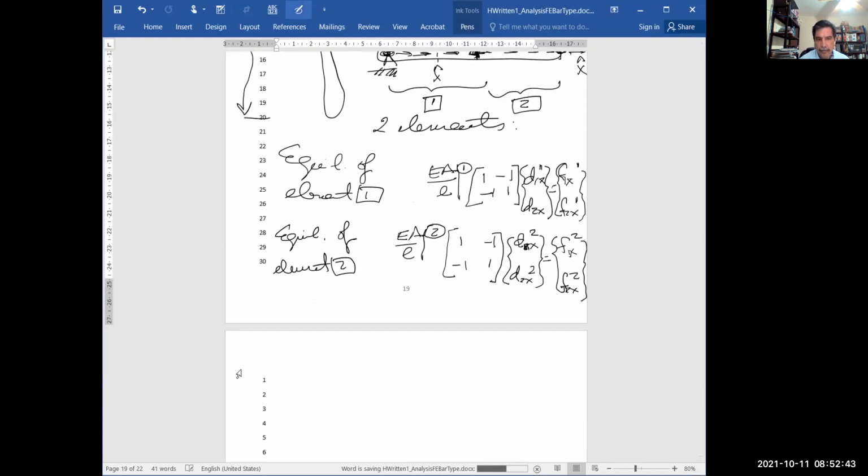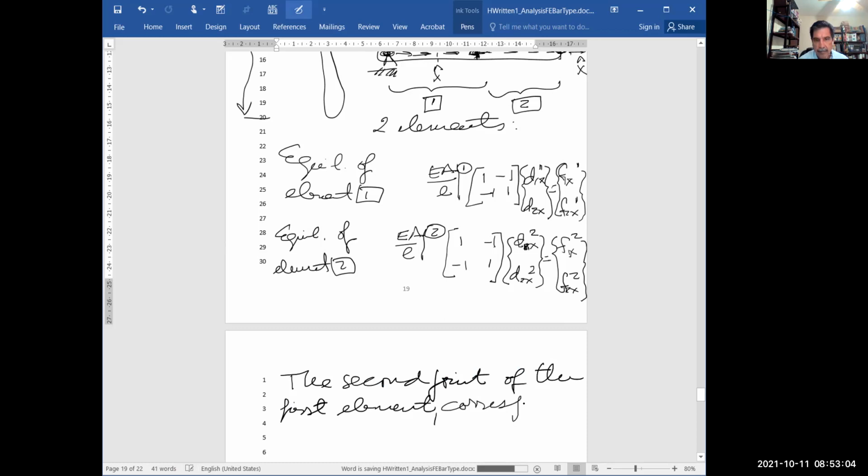The second joint of the first element corresponds to the first joint of the second element.